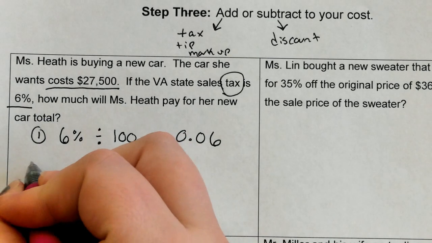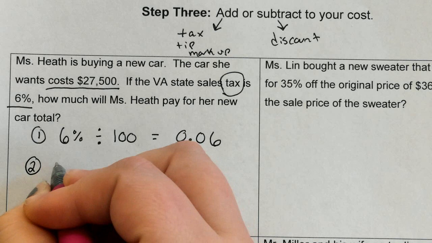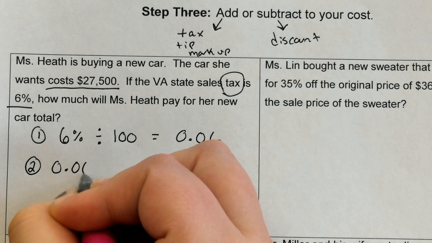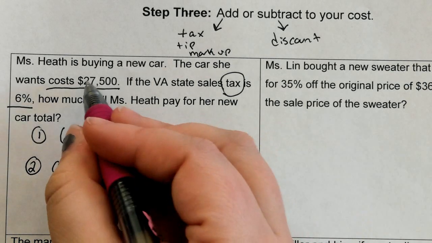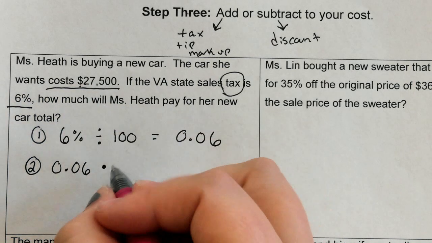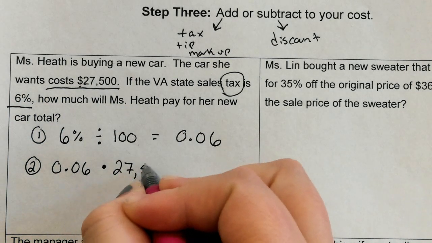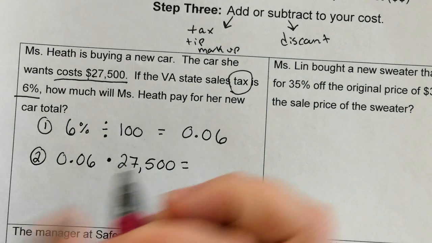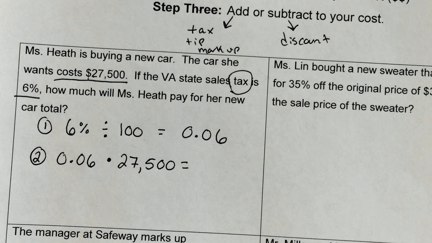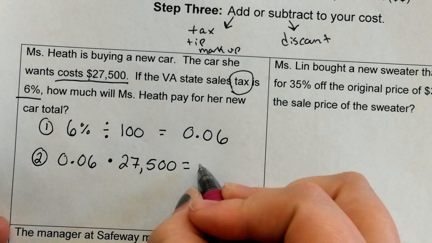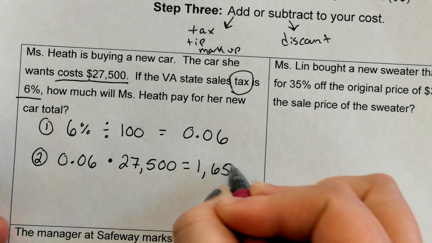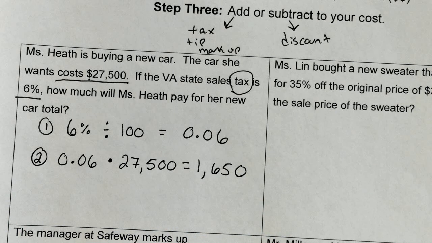My second step is to multiply that decimal by my cost, 27,500. When I multiply those together, I get 1,650. So that's how much tax I would have to pay.